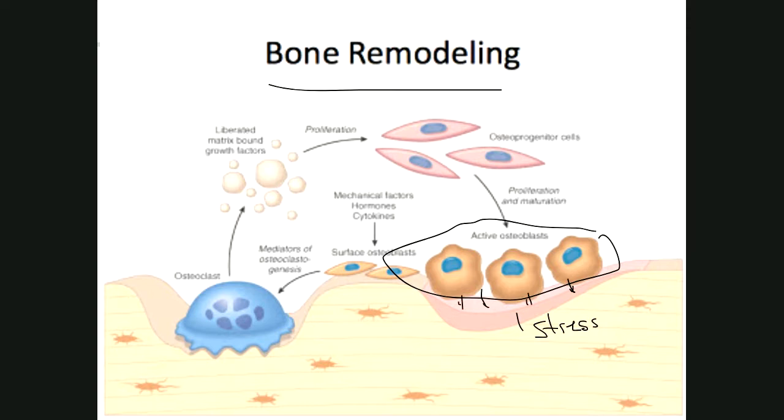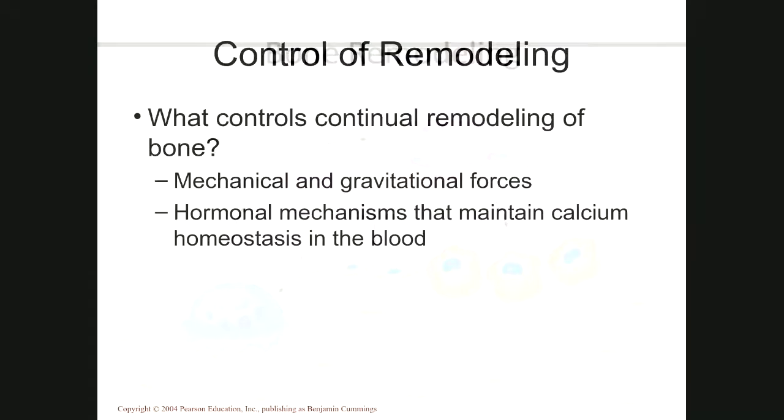But there's no stress over here. And so we're going to activate these cells. And these cells are going to remove bone. So we can add bone where we need it and remove bone where we don't need it. So that's one thing that controls remodeling. Mechanical, that means movement, and gravitational forces, stress.